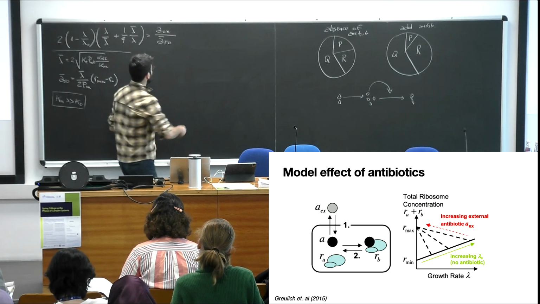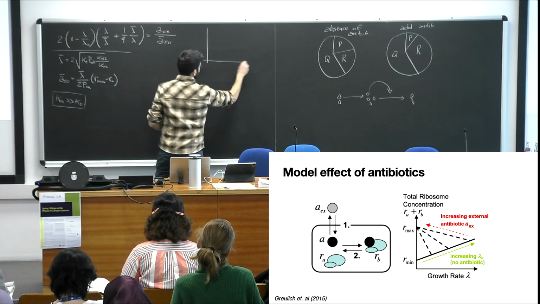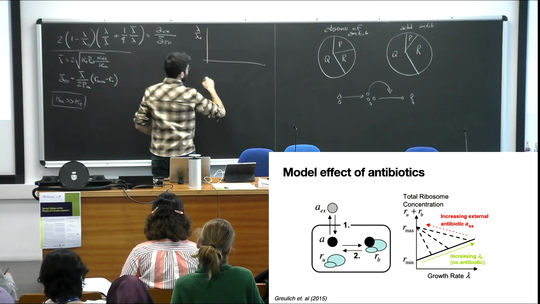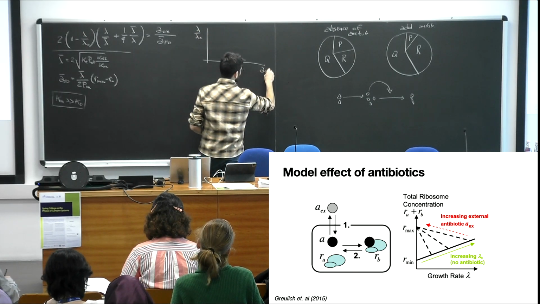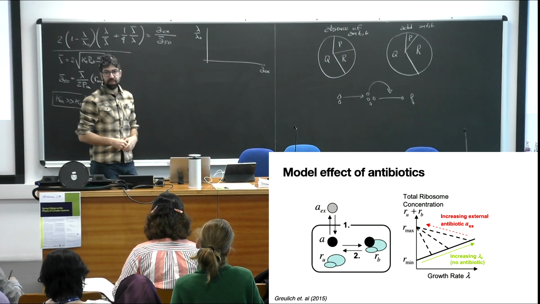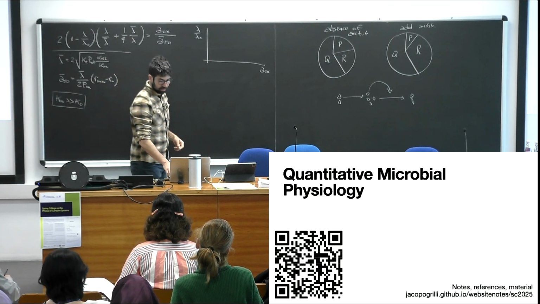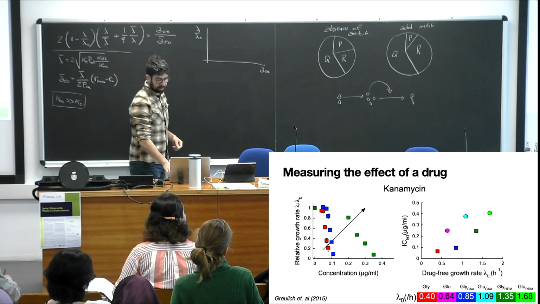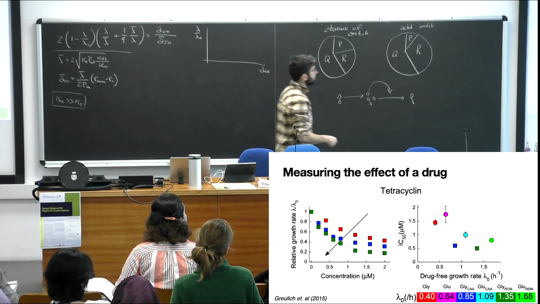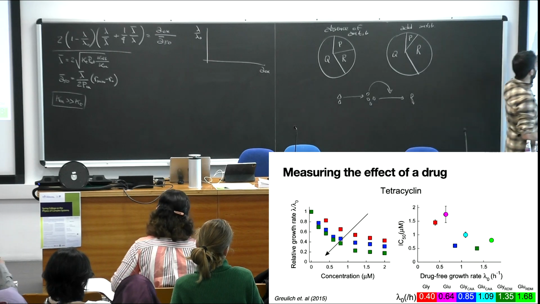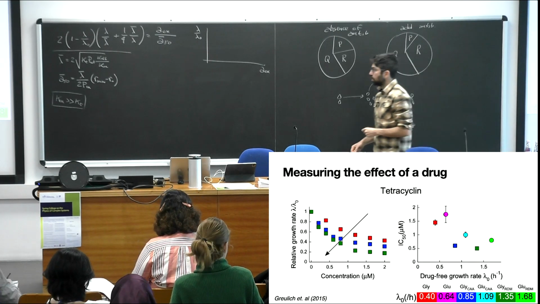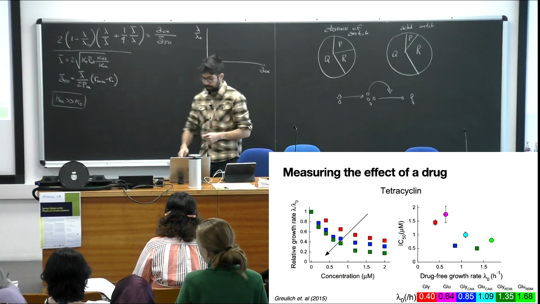So by solving this equation, you get lambda over lambda naught as a function of the external concentration, which is the plot we started from. Going back, is this plot here, right? These plots here are exactly lambda over lambda naught as a function of the concentration of antibiotics.